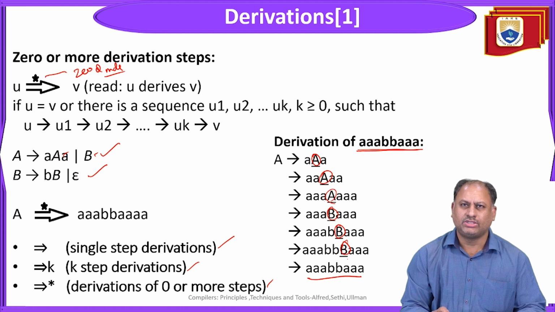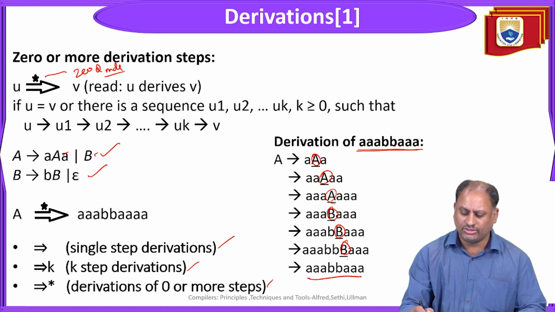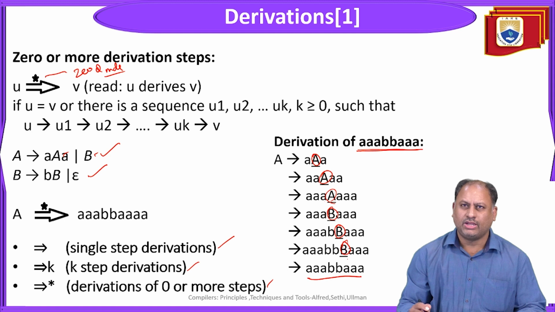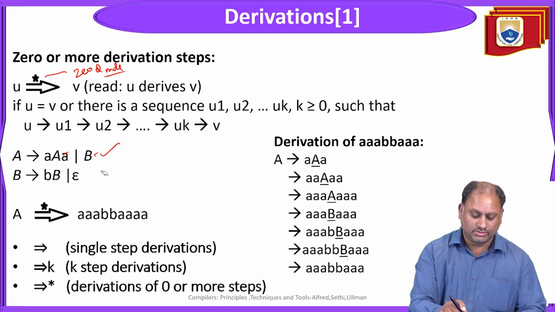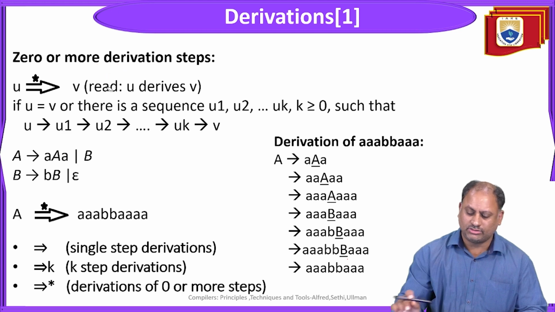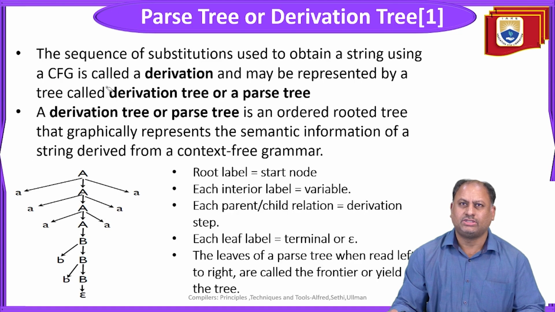So these strings are derived, due to the number of steps used to derive a particular string, and the process of derivation is called nth derivation or k derivation steps. So we repeatedly apply the process to obtain the resultant string.